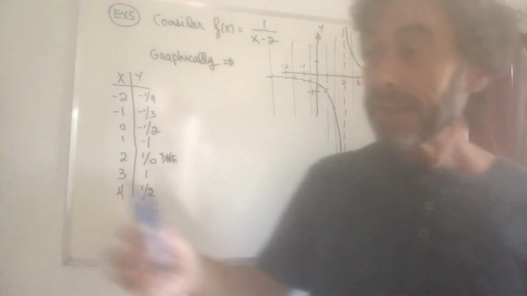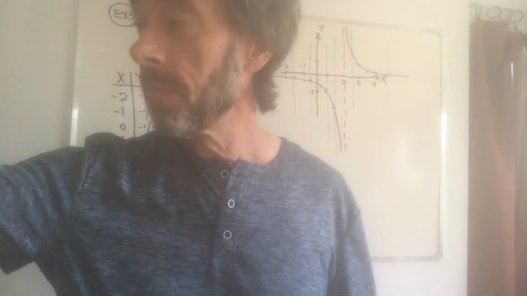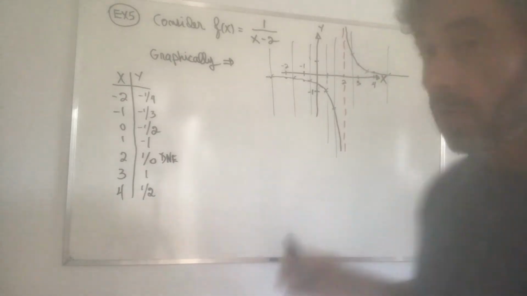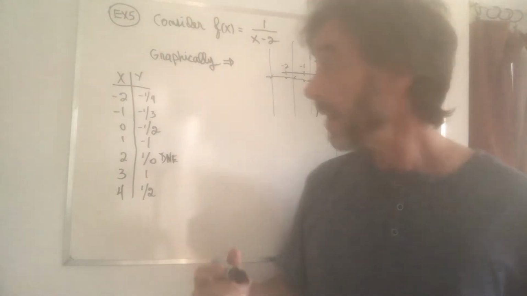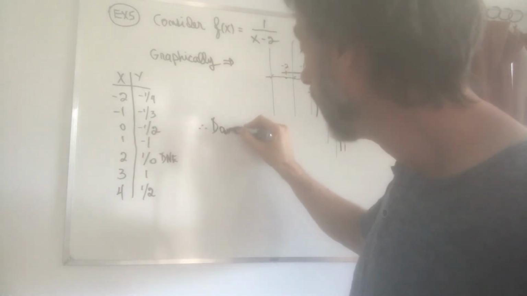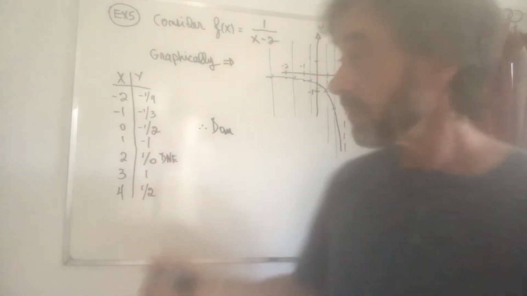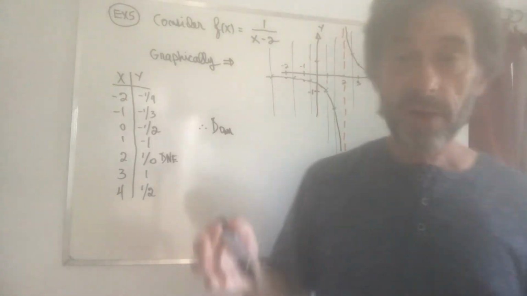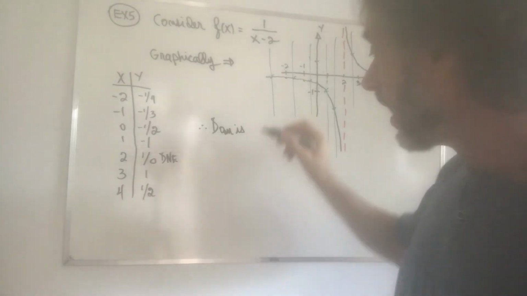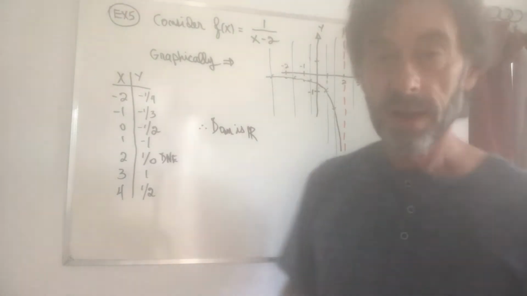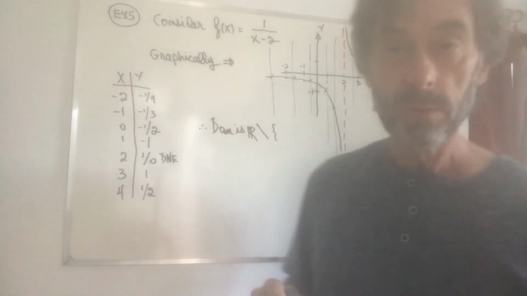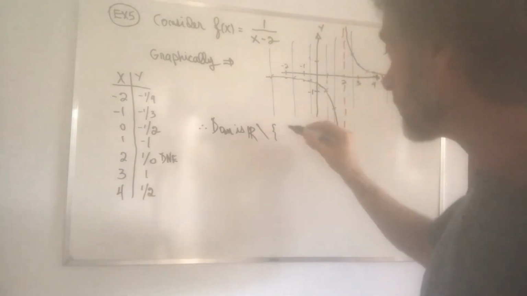That's the value that is excluded from the domain because the vertical line test does not cross the graph at 2. So, conclusion. The domain of this function is everything, right? My vertical line will cross everywhere but at 2. So domain is everything, we say R, except the value, what? 2. That's right.